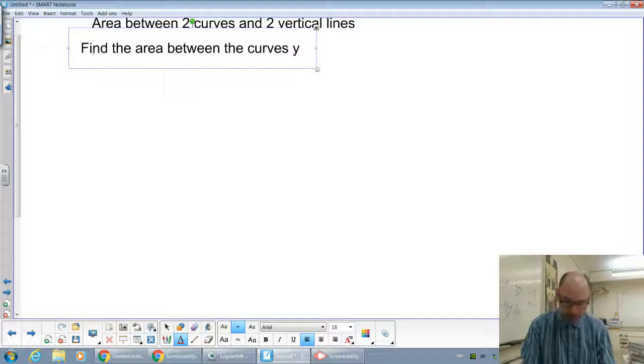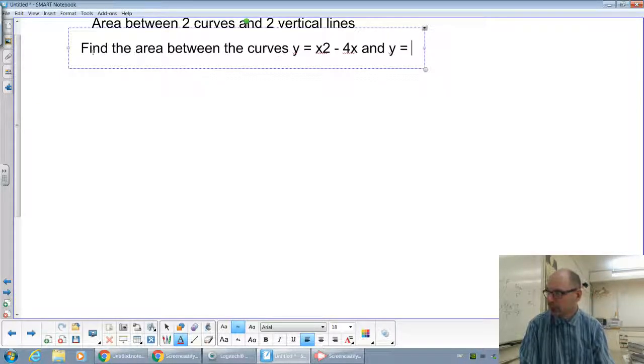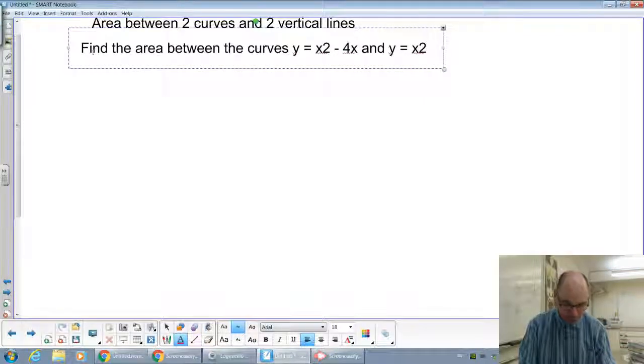y equals x squared minus 4x, and y equals x squared minus 2x.